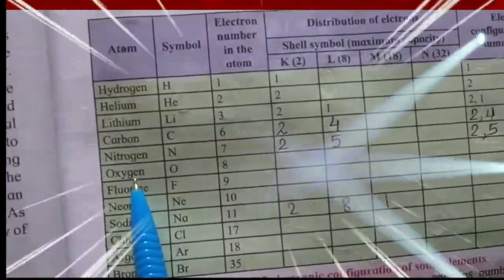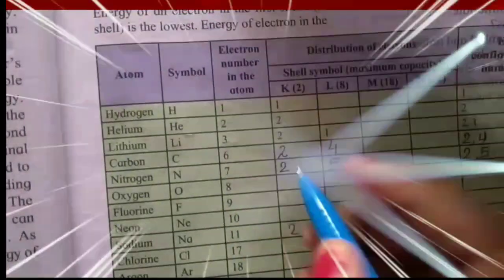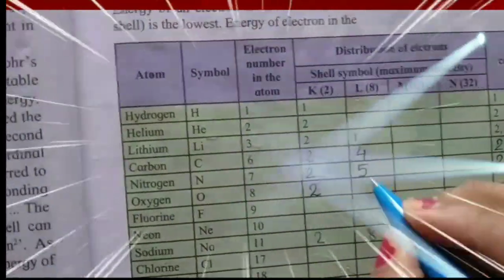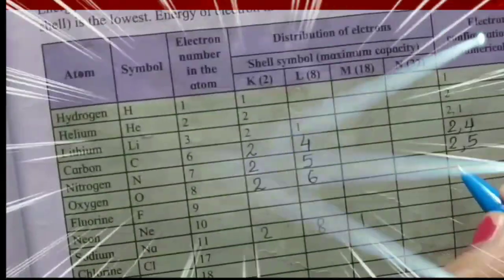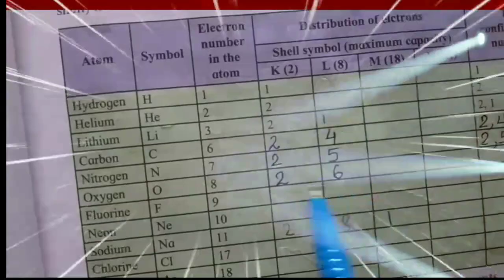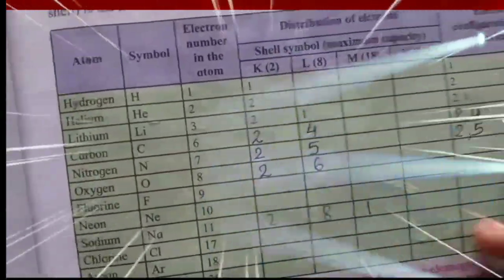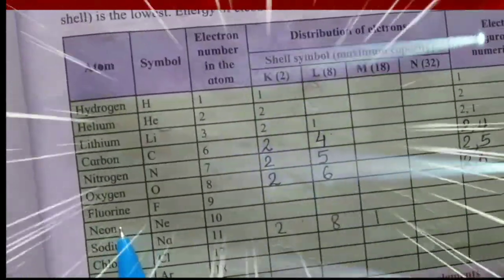See the oxygen. Oxygen is 8. So in the K shell, we will write 2. In the next shell, we will write 6. And if you add these numbers, you will get this number. So 2 plus 6 is 8. And here we will write 2, 6. Let us move towards fluorine.